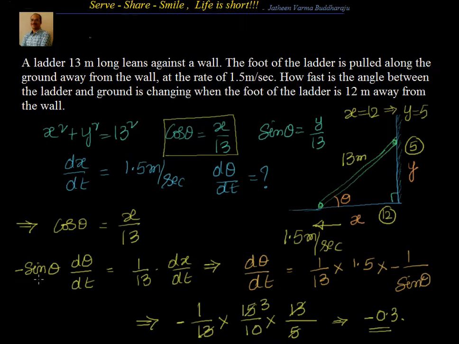If I differentiate on both sides, I will have minus sin theta into d theta by dt equal to 1 by 13 into dx by dt. After that we substitute the values, and considering when x equal to 12, y equal to 5 and sin theta equal to y by 13, we get d theta by dt equal to minus 3 by 10 or minus 0.3 degrees per second.